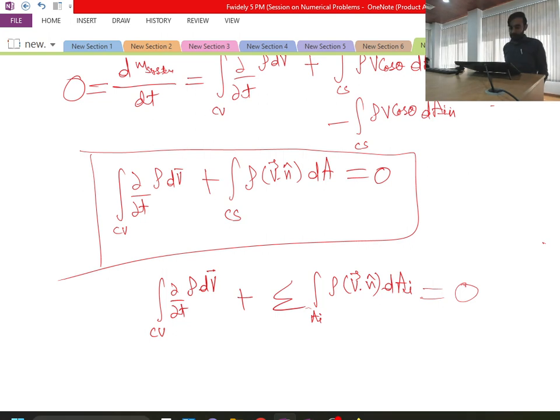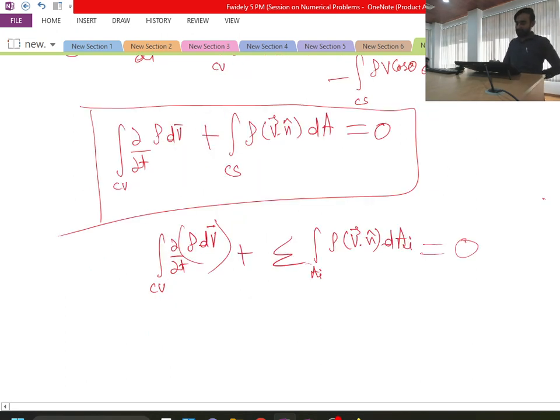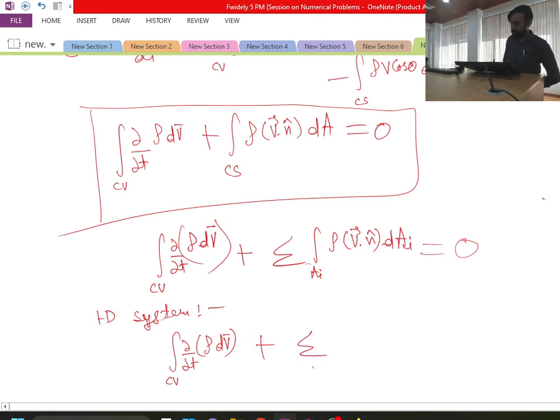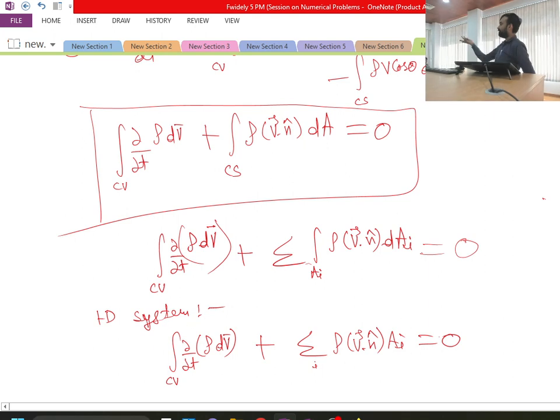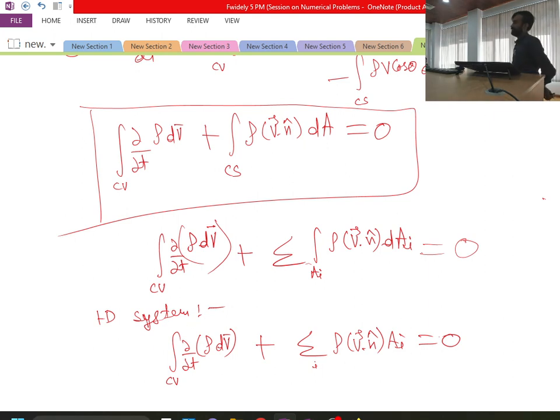Now if I have to do this for a one dimensional system, what will I get? For a 1D system, the integration will further go away, plus summation of rho v vector dot n cap into A i equal to 0, because over the entire area of the inlet I have a fixed value of velocity and density.